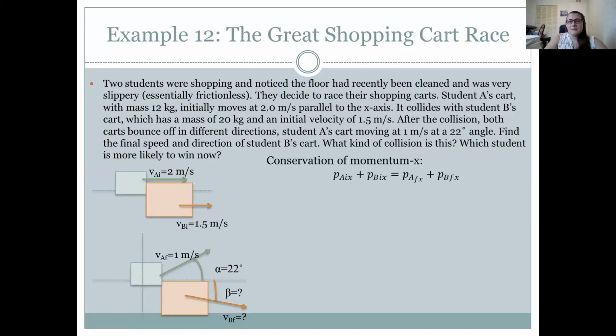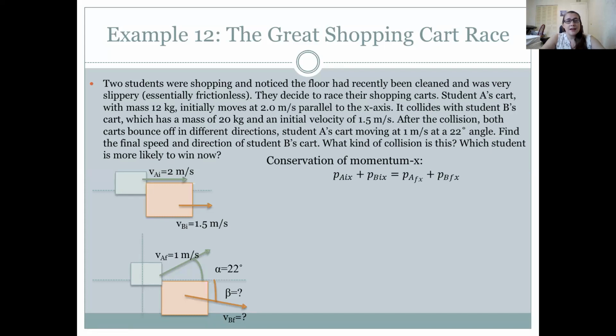So since we don't know what kind of collision this is, we can't assume that energy is going to be conserved, because in 2 out of the 3 cases, it's not conserved. So we're going to approach this from a conservation of momentum approach, because momentum is conserved in all 3 collision cases.